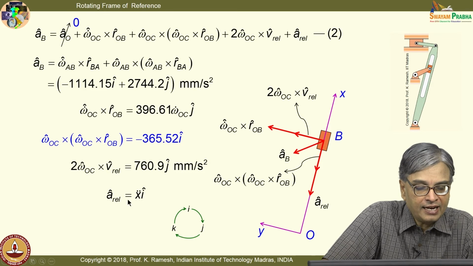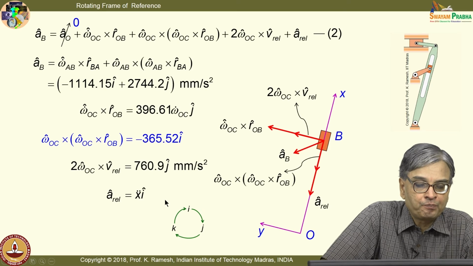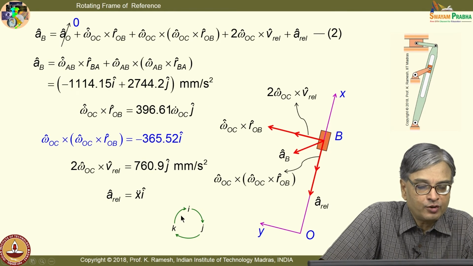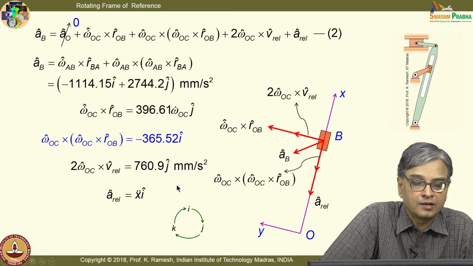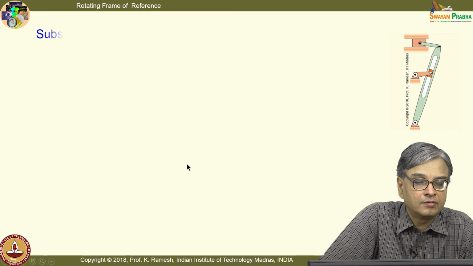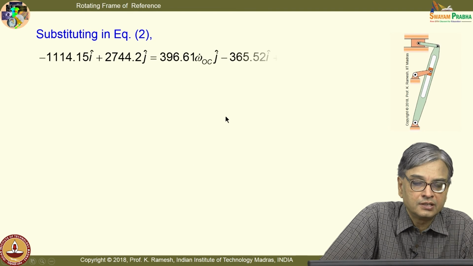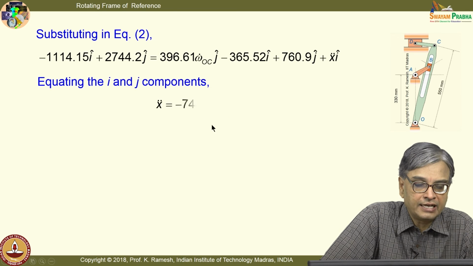And then I have ARL as x double dot I. So, I can group the I terms and j terms, and you can determine the quantities that are required to be found. So, substituting in equation 2, I get this, equating the I and j components.